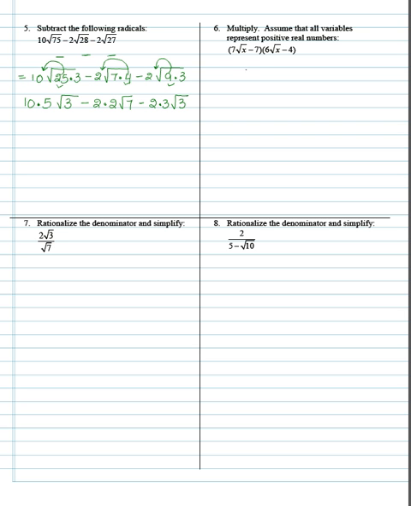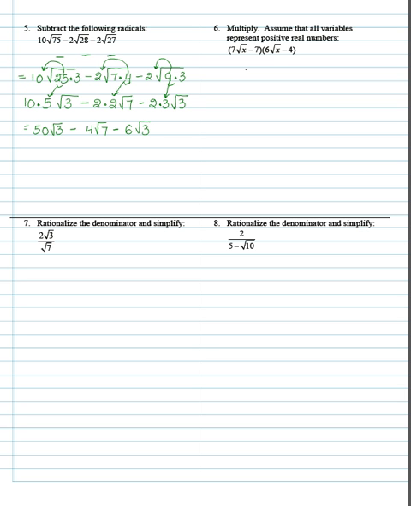So this 25 comes out as 5, this 4 comes out as 2, this 9 comes out as 3. Now 10 times 5 is 50 radical 3, minus 4 radical 7, minus 6 radical 3.